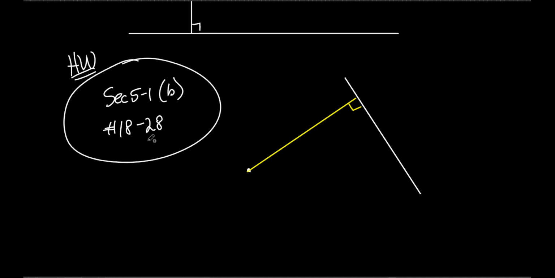So you got to do number 18, right? That's 1. Then 19, 20, 21, 22, 23, 24, 25, 26, 27, and then 28. That's 11 problems. We're not finding the difference between 28 and 18. We're actually doing number 18. Okay? So you have to add 1 to that. All right. So that's 11 problems.